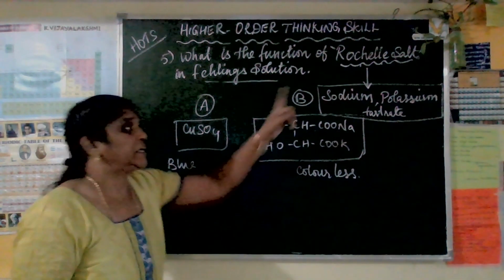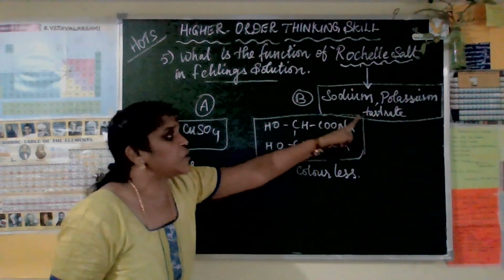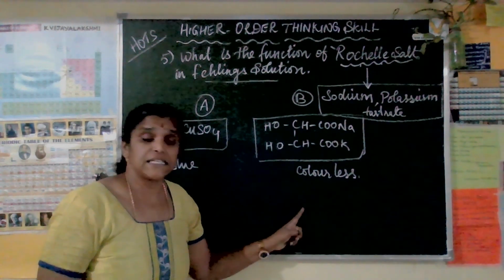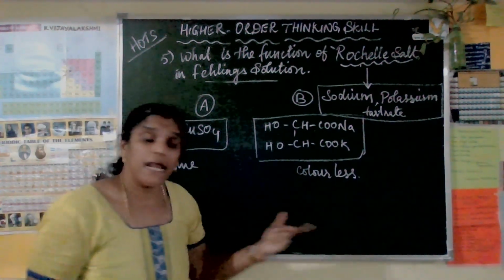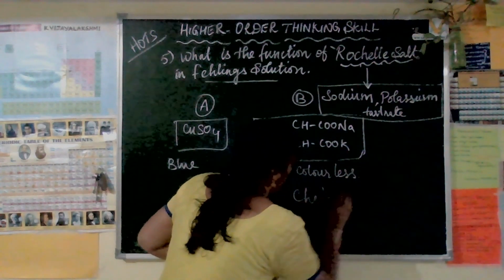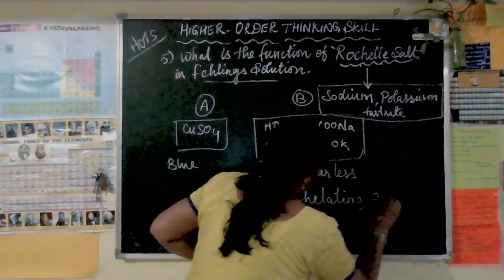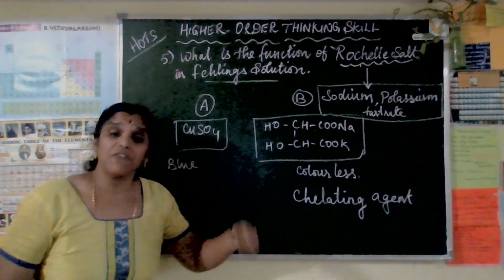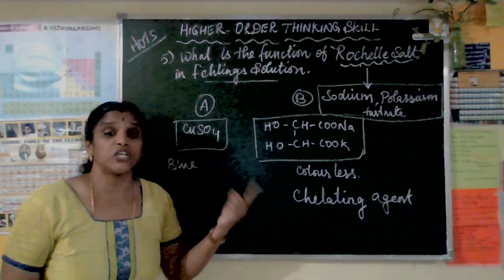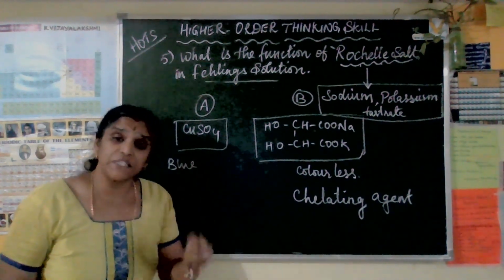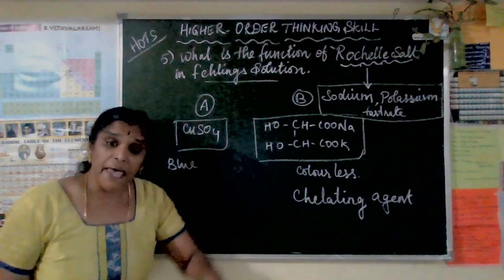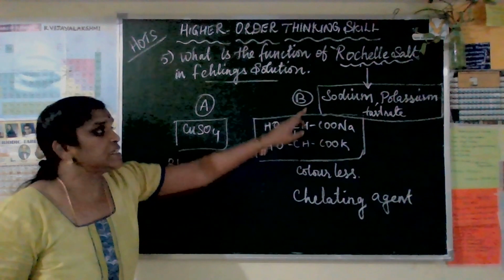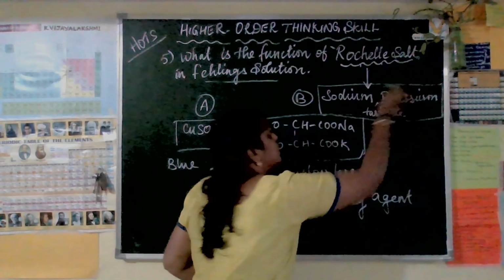Okay, the other point. Rochelle salt is also known as sodium potassium tartrate, I mentioned, and this is the formula, and it serves as a chelating agent. Why? Because CuSO4 combined with sodium hydroxide, you will get Cu(OH)2, which acts as a precipitate that is insoluble. To make it soluble, to make it an alkaline medium solution, we are adding sodium potassium tartrate.